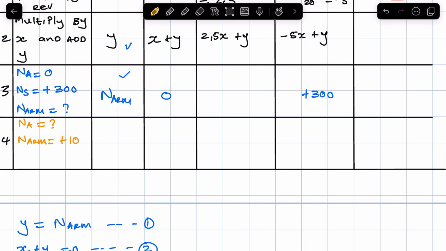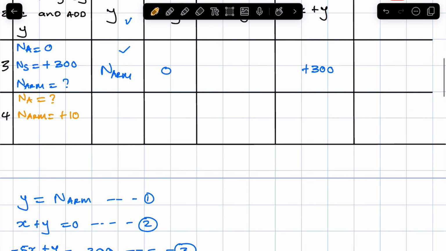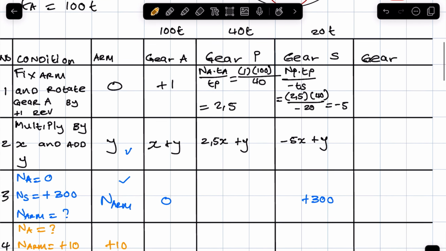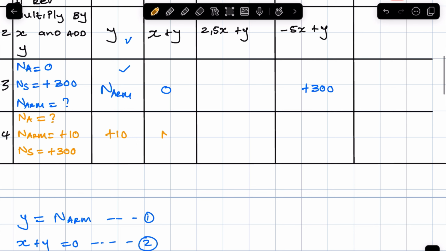Positive 10. And the input shaft, which carries the sun gear, is still rotating at 200 reps per minute clockwise, right? So the arm is now plus 10. We are looking for NA, and NS is still positive 300, right?